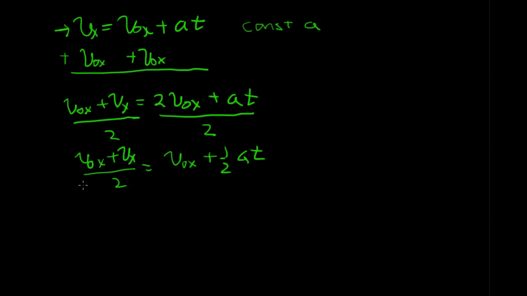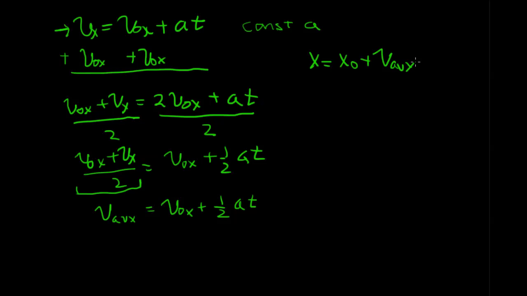Well, this piece of it here is just my average velocity. So this is vx average, or v average x, let me say it that way. Average x is equal to v naught x plus 1/2 times the acceleration times the time. And I can go back to my earlier equation for position and velocity, and say x equals x naught plus v average x times t. This is the equation that we derived from the definition of the average velocity.